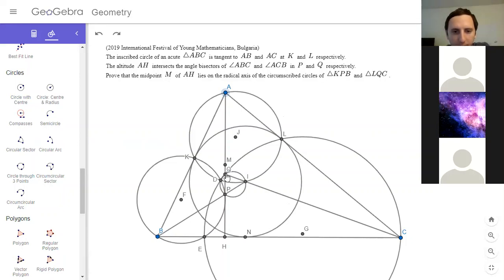So basically, we want to show angle MNB is equal to angle DEN, if that's true. And DEN is DKB. So we want to show DKB is equal to MNB. Huh.